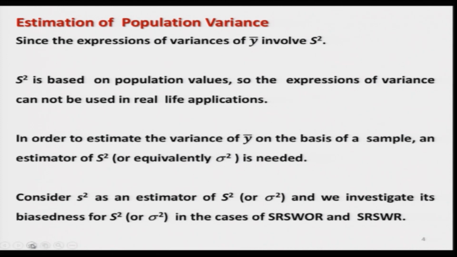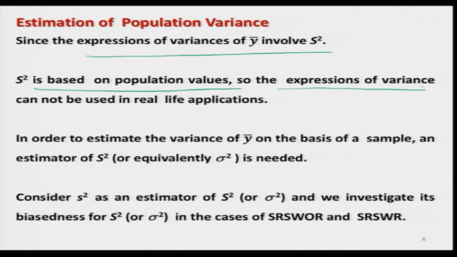Since the expressions of the variances of y bar involve capital S square, and capital S square is based on the population values, these expressions cannot be used on the basis of given sample values, and in any real life application they cannot be used. So my objective is this: I want to estimate the variance of y bar, that means I want to know the variance of y bar on the basis of a sample.